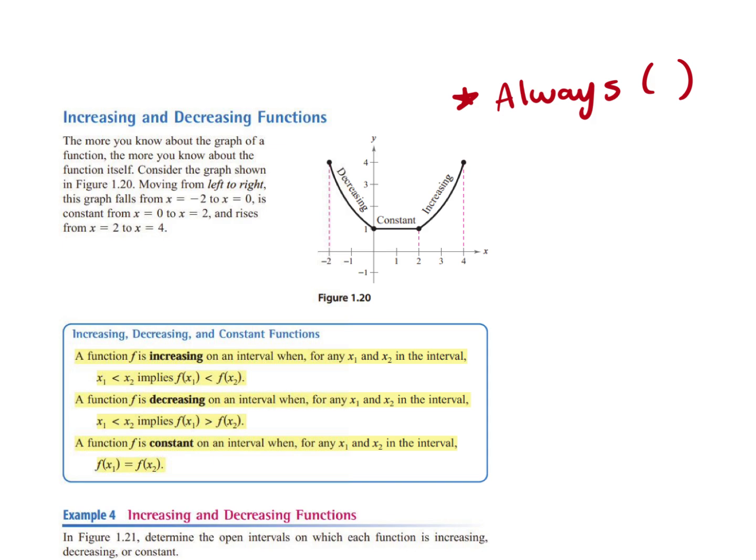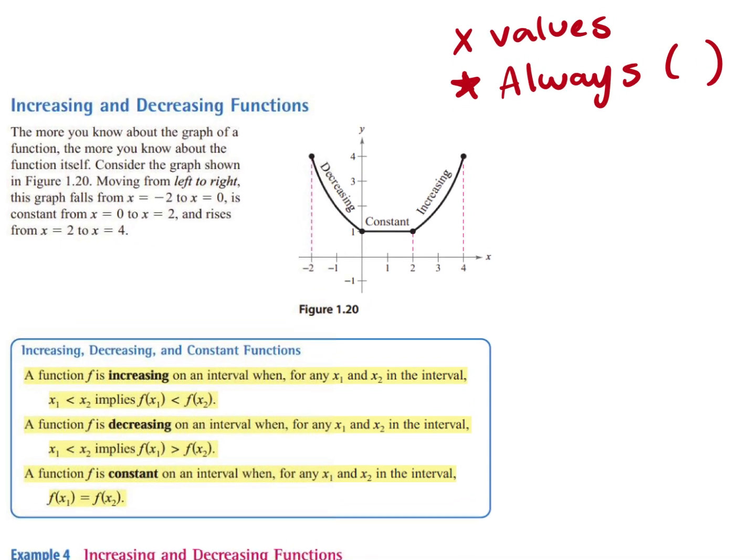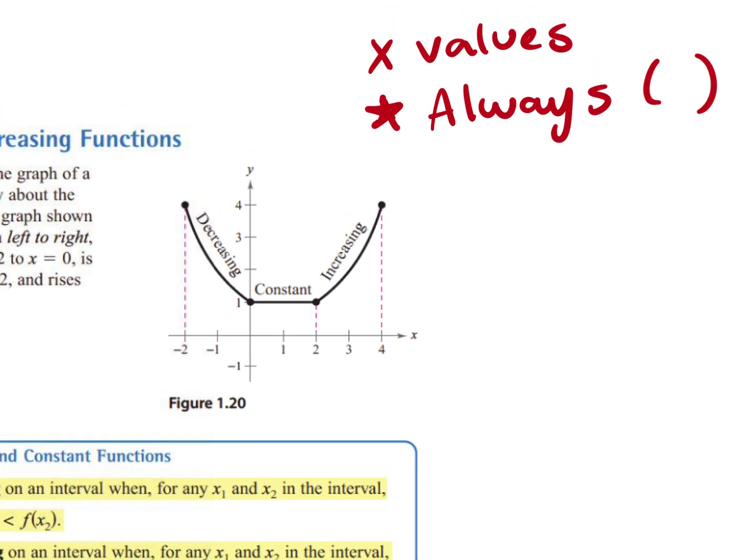Also for increasing, decreasing, and constant, we are only looking at the x values. So if it helps, I would just cross out whatever your y values are, just so you don't even look at them. The numbers on the y-axis do not matter. We're only looking at the x-axis.